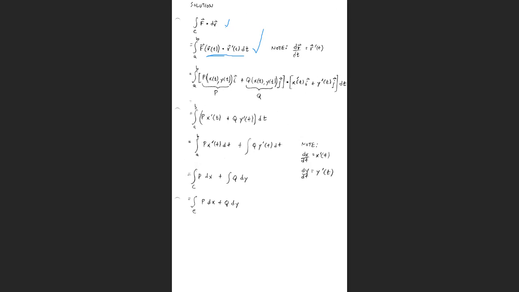And I note here, of course, that dr/dt is r prime of t. Therefore, dr is equal to r prime of t dt.